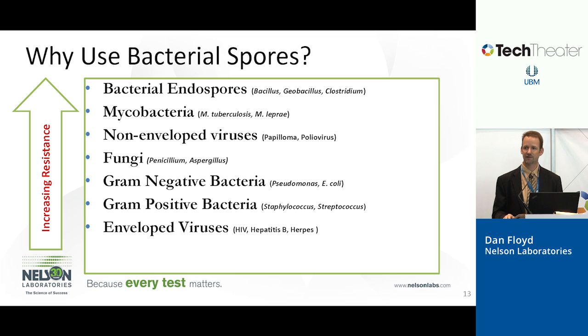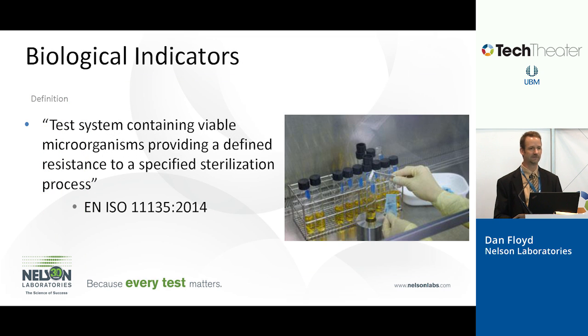So the thought is, if you kill bacterial endospores, all these other organisms are so much less resistant that you're going to kill those as well. That's why when you do a sterility test, you don't have to test for viruses, protozoa, and things like that that might possibly be on there. Viruses are very easily killed with ethylene oxide. So that's why we use bacterial spores. That's kind of a key to ethylene oxide sterilization.